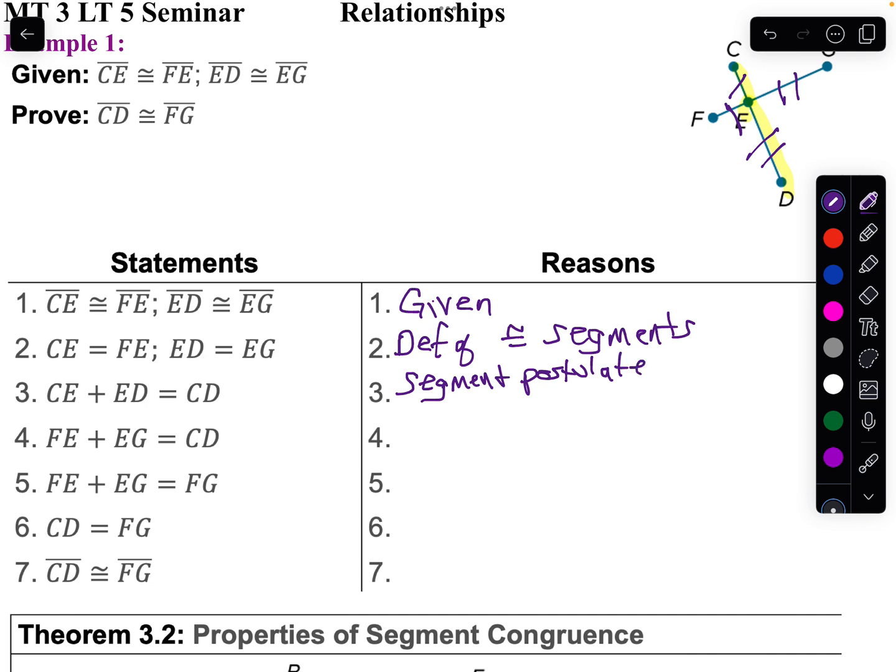Now we're given that CE is the same as FE. So what happens here, instead of writing CE, I'm going to write FE. Instead of writing ED, I'm going to write EG. That's your substitution property.